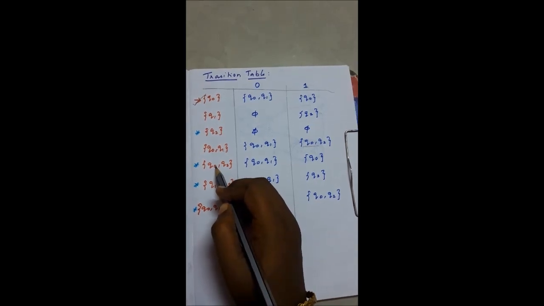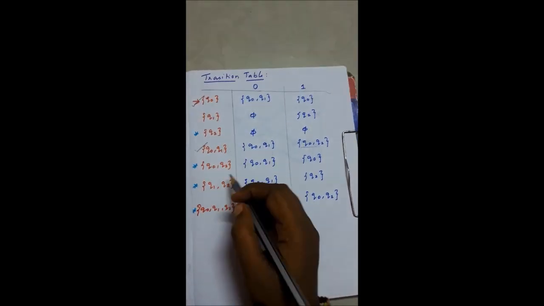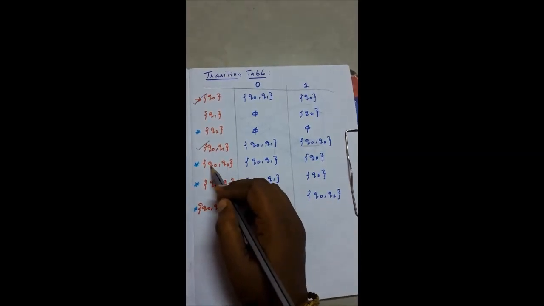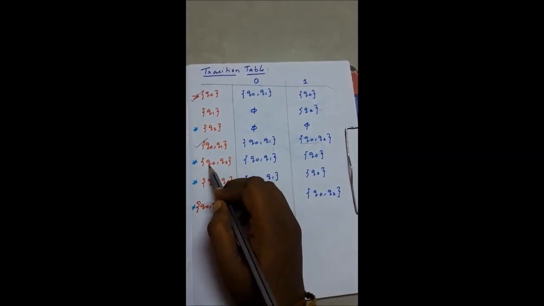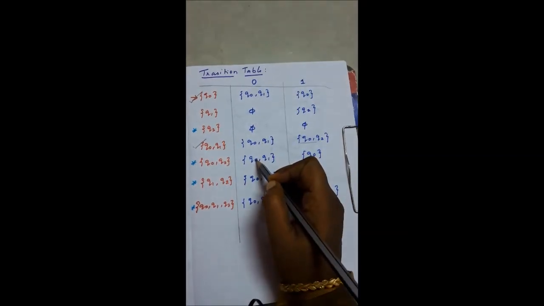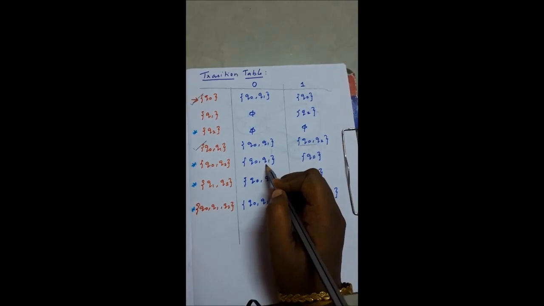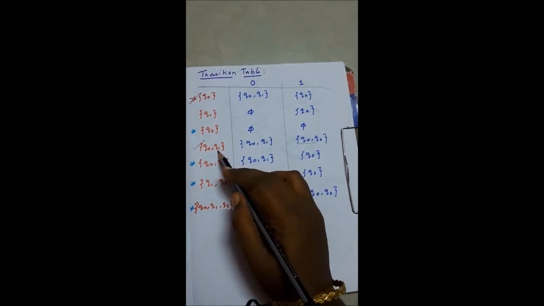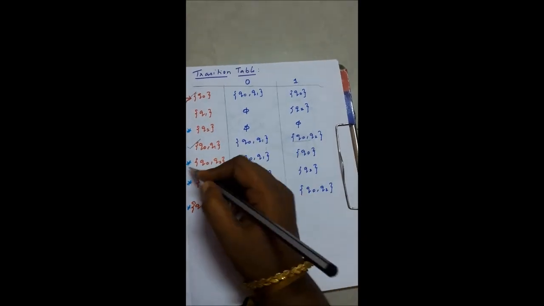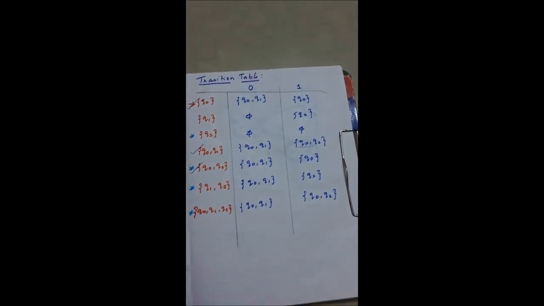Yes, it is available, so this is also reachable. So I am moving to Q0Q2. If you check Q0Q2, on input 0 we get Q0Q1, which is already available, and on 1 we get Q0, which is also already available, so it is reachable.